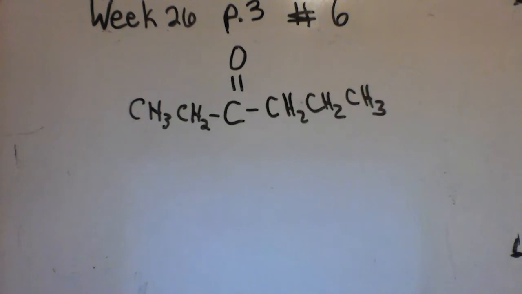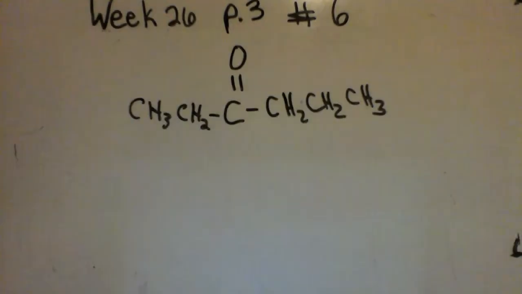Week 26, homework sheet, page 3, number 6. Name the molecules shown. So if we look at this condensed structural formula, we can see that there's an oxygen that's double bonded to the carbon in the middle of the molecule, and we call that a carbonyl group.